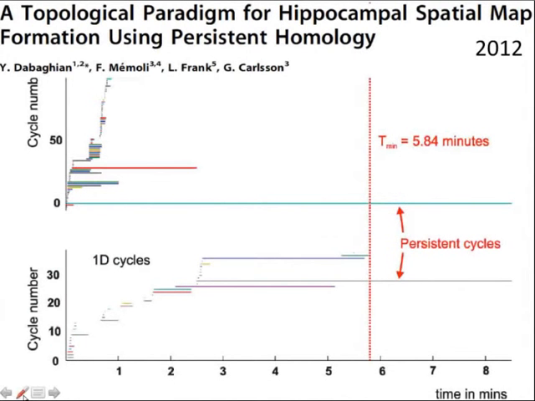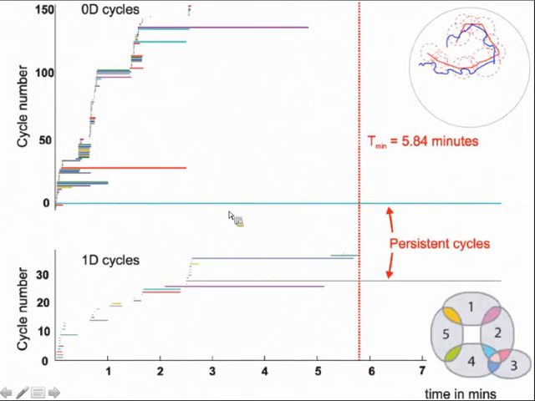In the 2012 paper, they were interested in the formation using persistent homology. So they took a look at how it formed. You might have certain place cells, and your place cells may or may not intersect depending upon how many place cells you have. As we go through, we then form the homology.